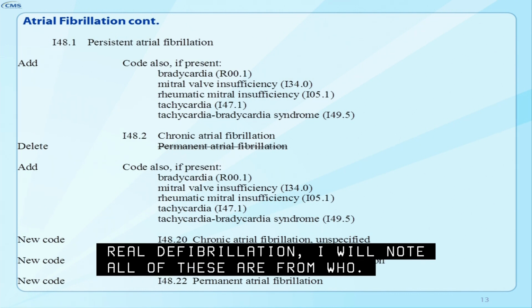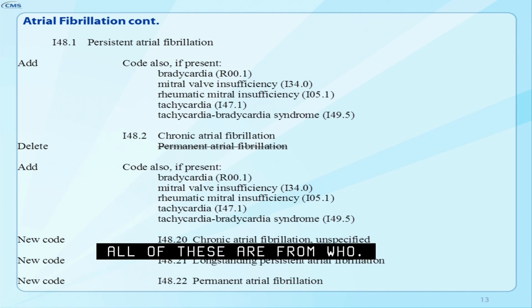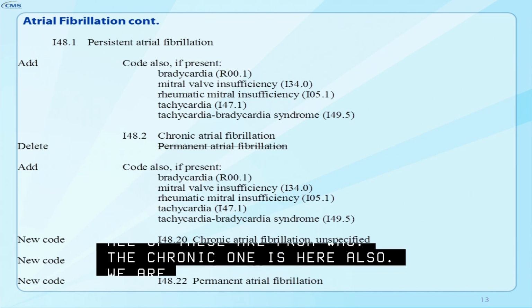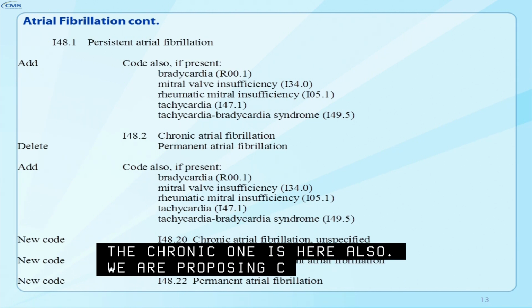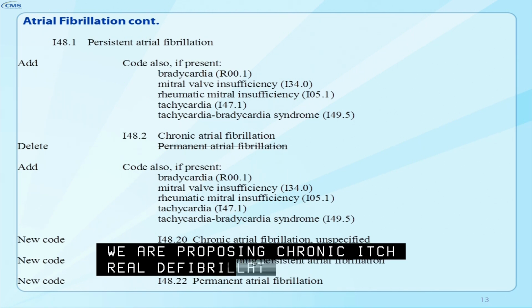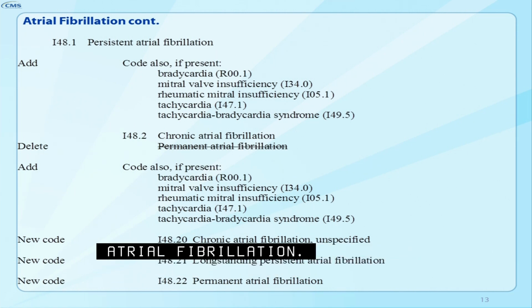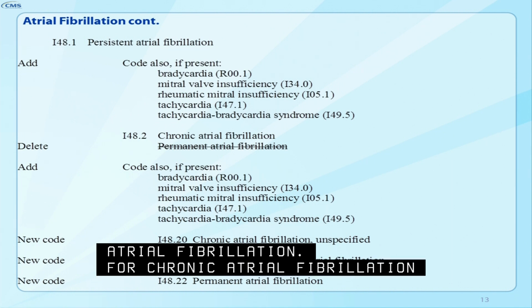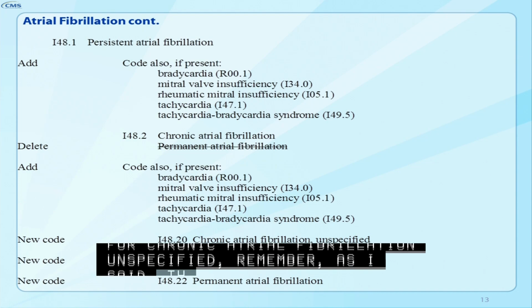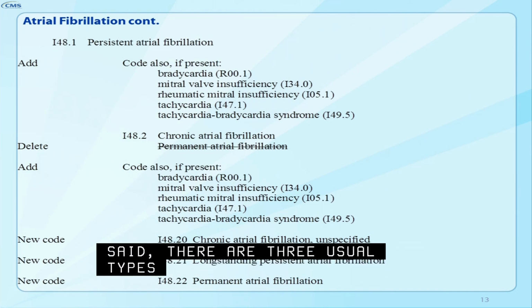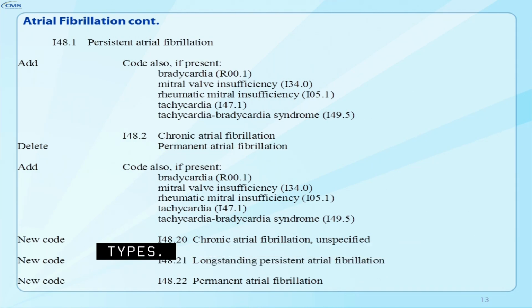We're proposing at chronic atrial fibrillation to add new codes, essentially for I48.20, chronic atrial fibrillation unspecified. Remember, as I'd said, there's three usual types of chronic atrial fibrillation. If all we know is that it's chronic atrial fibrillation and it's unspecified, we'd code it there. We'd also create a new code, I48.21, for long-standing persistent atrial fibrillation.